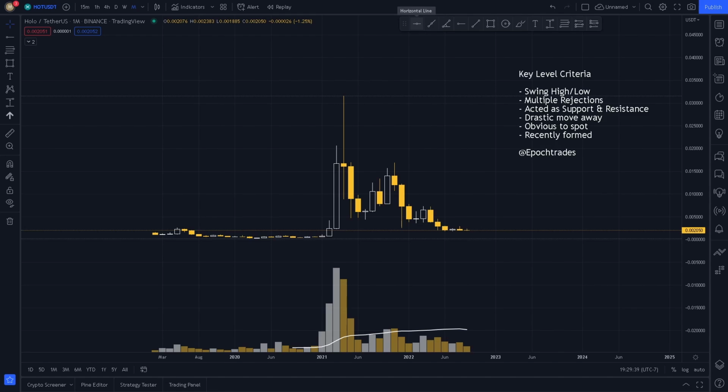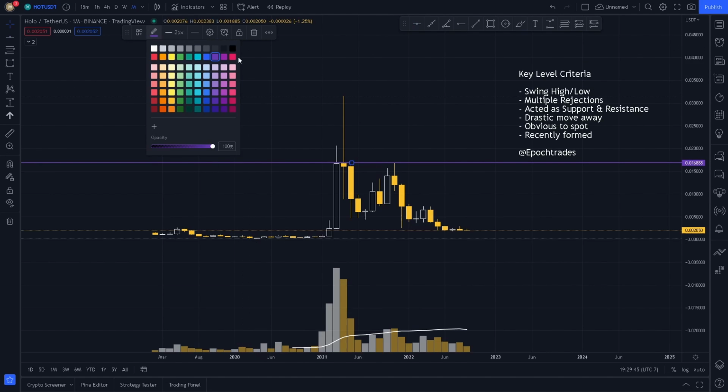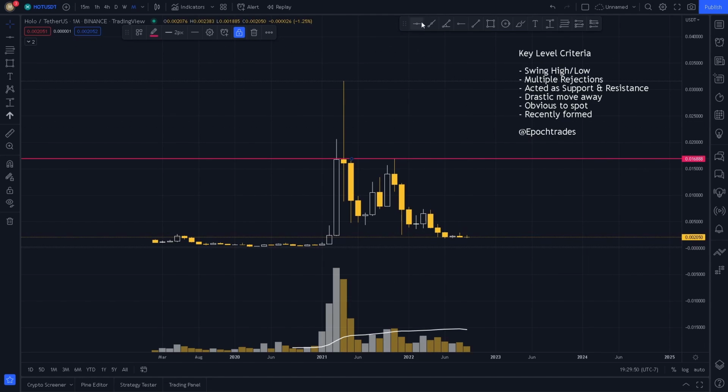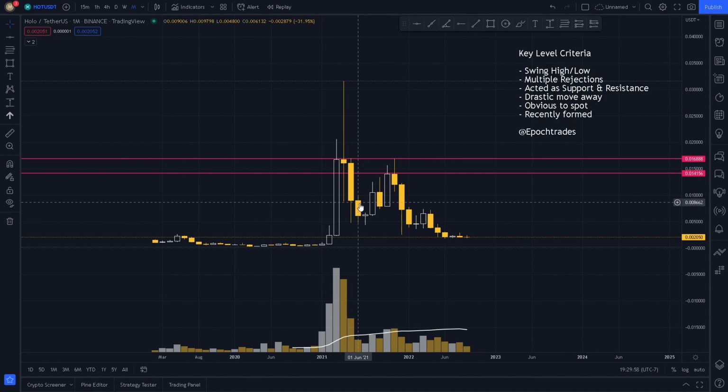Now, what we can first start off with is our first swing high. So we can plot that on the chart. And we can also plot this level here. Now, as price came around this level and reversed, we can see price action actually reacted right here.